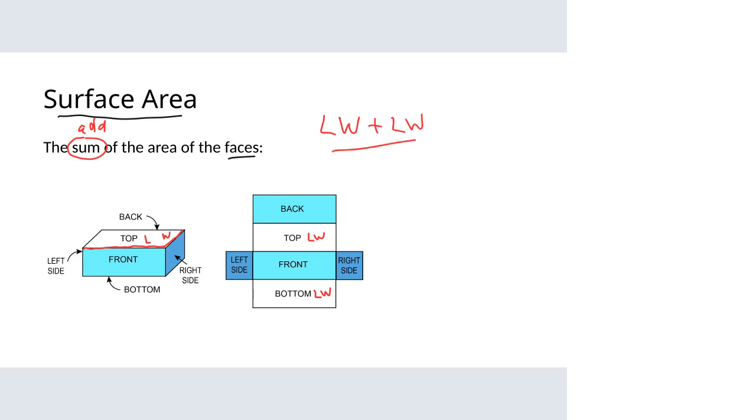I have length times width 2 times. So as I build this formula, I could do 2 times length times width. And that's the area of the top and the area of the bottom. Let me know if anything isn't clear or doesn't make sense.